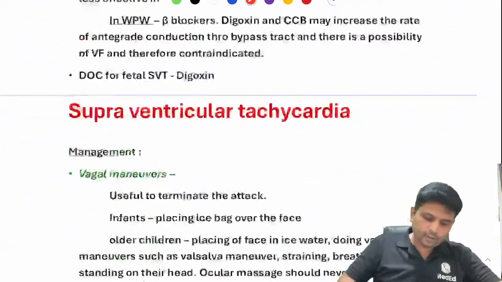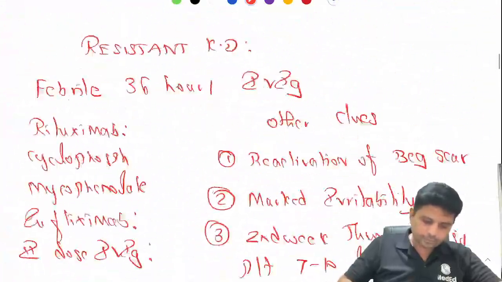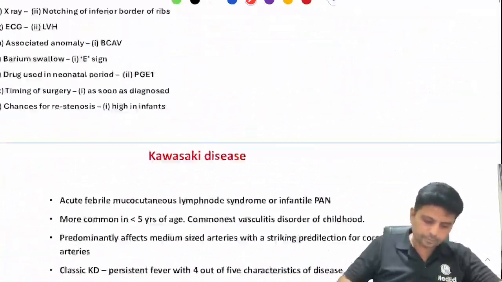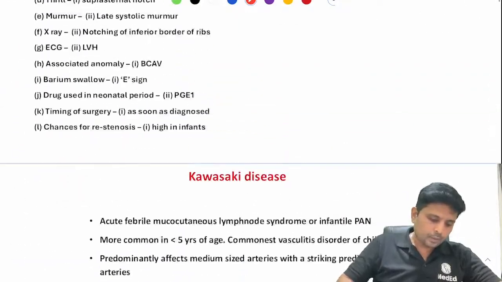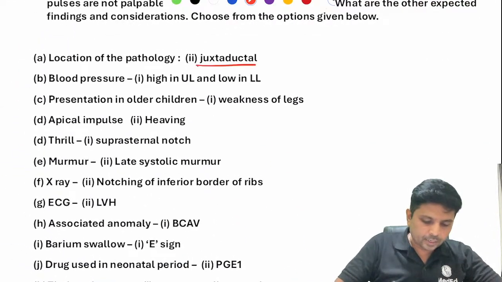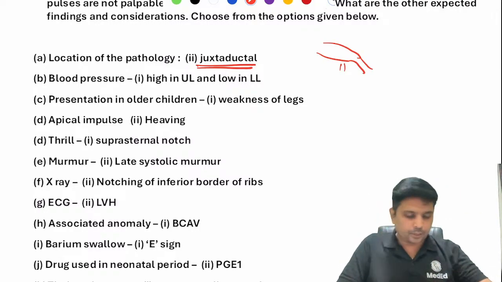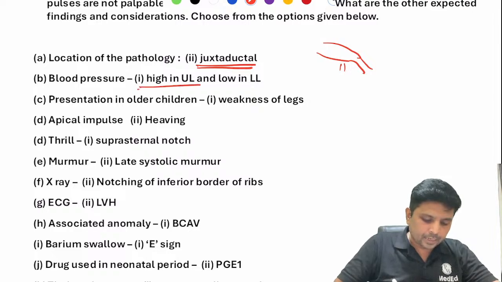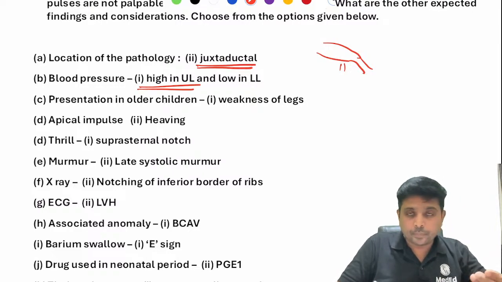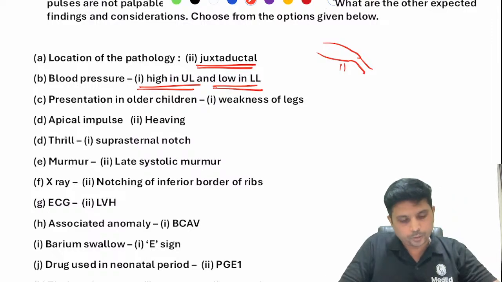So again, what are all the other things that you need to know about coarctation of aorta? Usually the coarctation segment is after the insertion of the ductus arteriosus. As I already told you, blood pressure in the upper limb is higher compared to the lower limb.